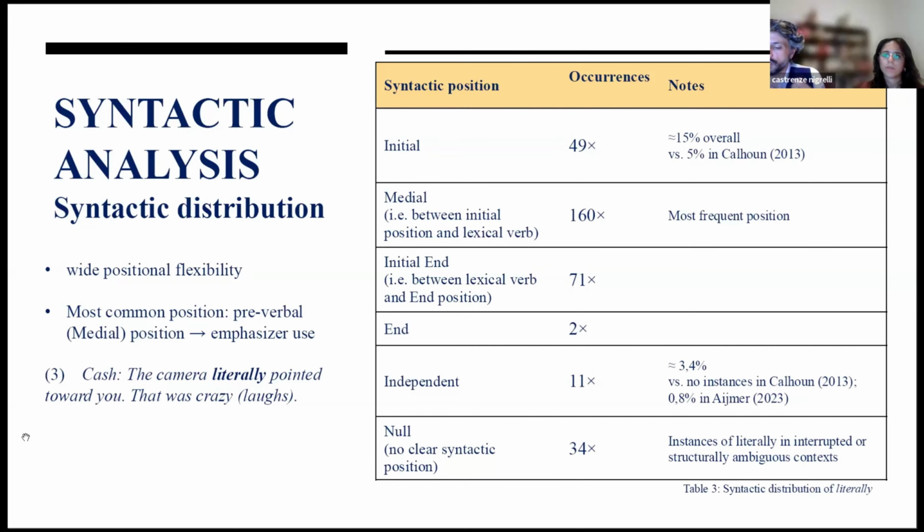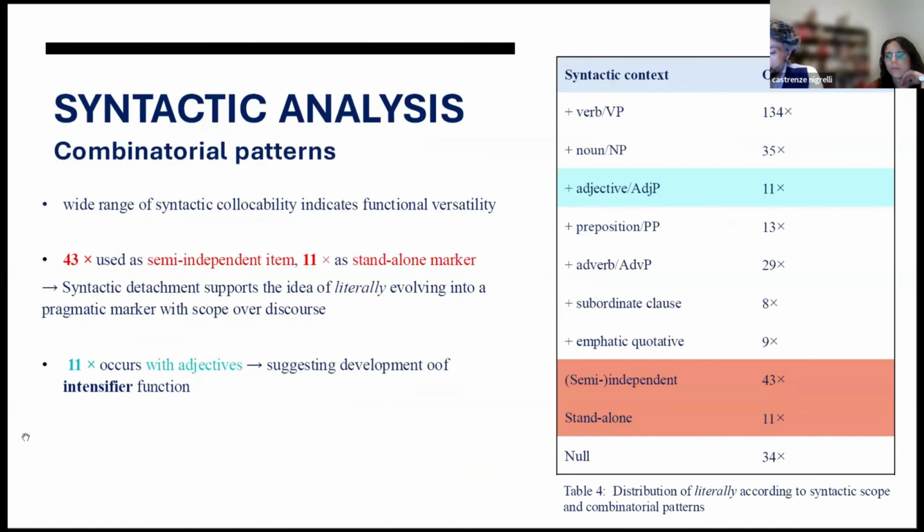Moreover, if we move on to the next table, which shows the distribution of literally across different syntactic patterns, we see that it occurs quite frequently as either a semi-independent item or a fully standalone marker. Building on what we said earlier, these findings altogether support the hypothesis of an ongoing grammaticalization and intersubjectification, pointing toward more pragmatic and discourse-related functions.